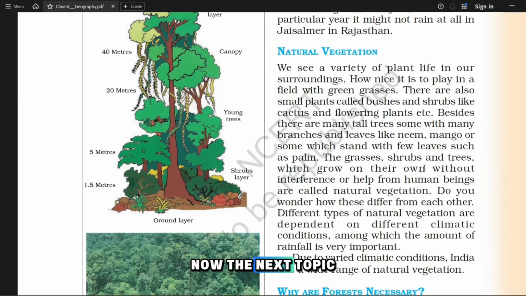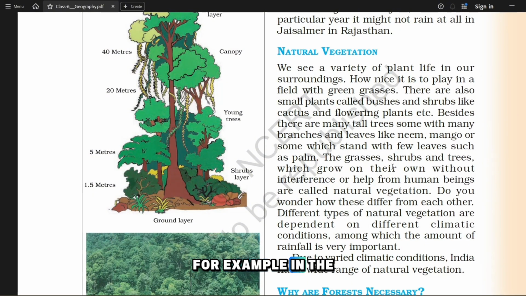Now, the next topic is natural vegetation. Natural vegetation differs in different regions. In India, a wide diversity of vegetation is there. It depends on the location, whether it is near the equator or in the tropical region or subtropical region or temperate region or frozen region or Himalayan region or desert region. Each region has its own type of vegetation.